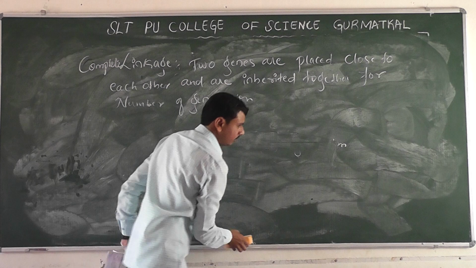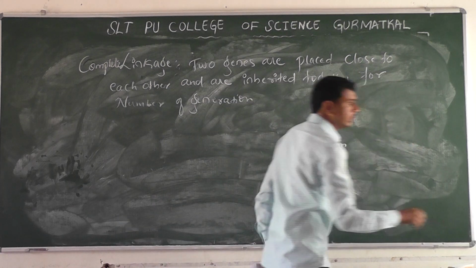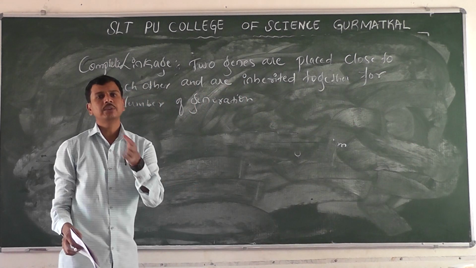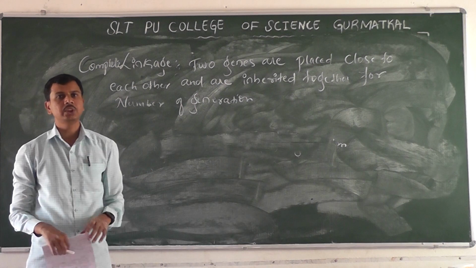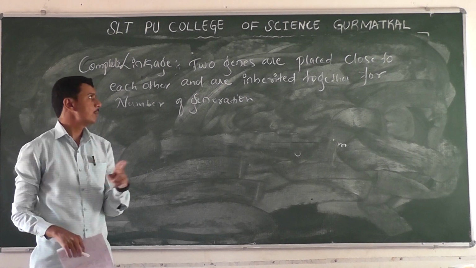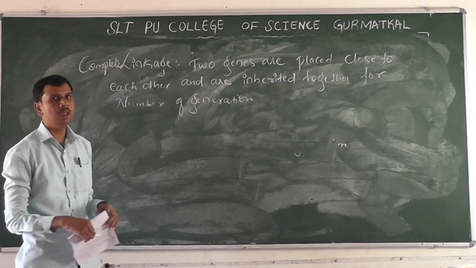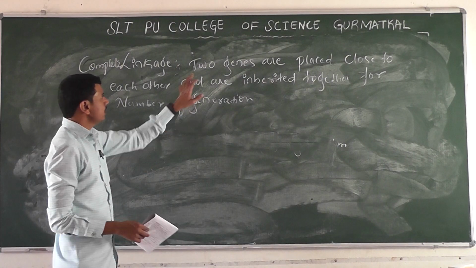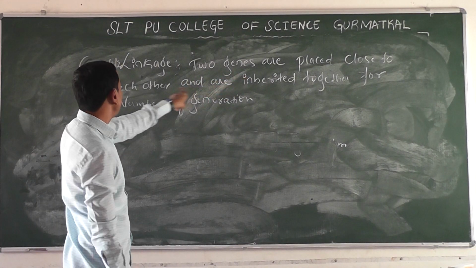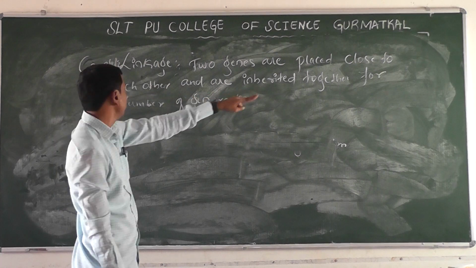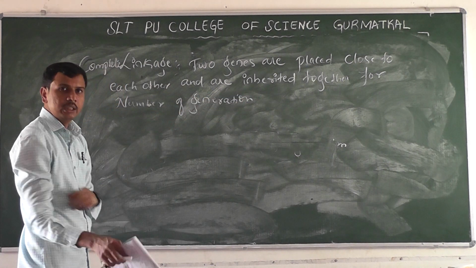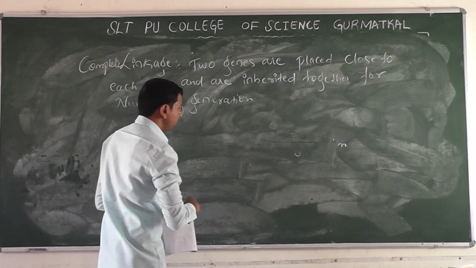So we have seen that linkage means the ability of the genes to transfer from one generation to another generation. There are two types: the complete and the incomplete linkage. In complete linkage, two genes are placed close to each other and are inherited together for a number of generations.